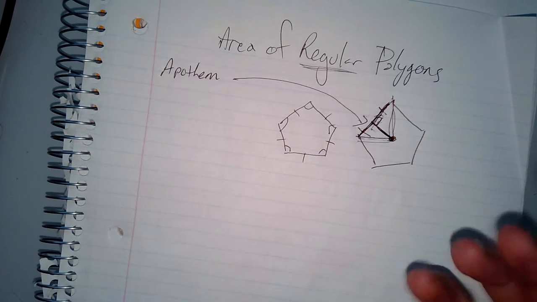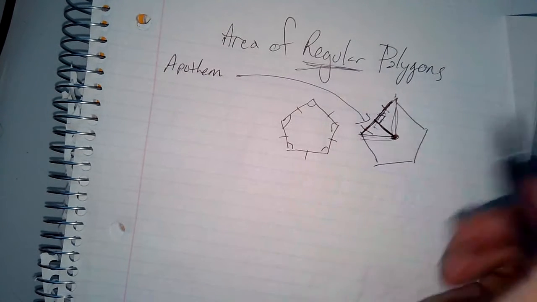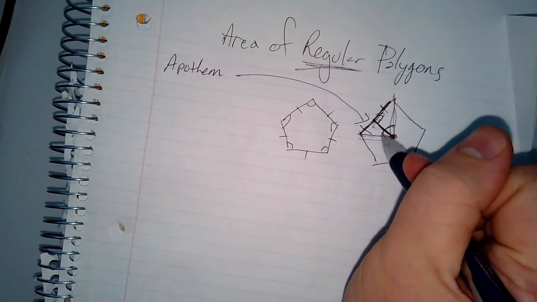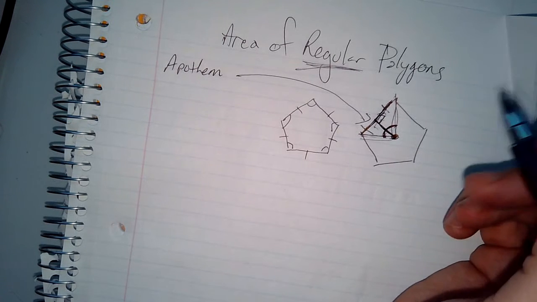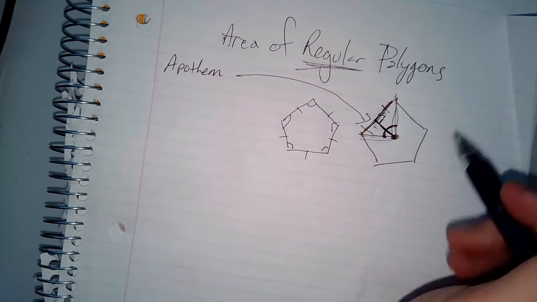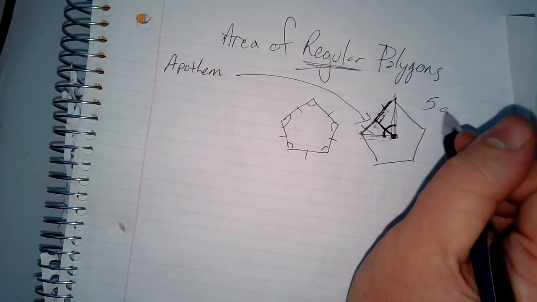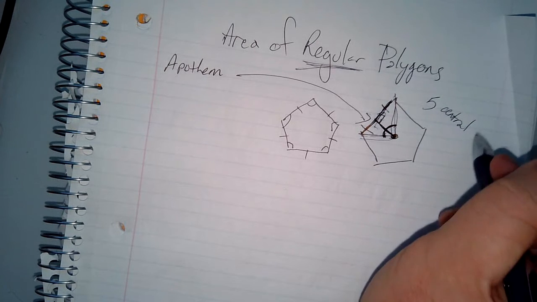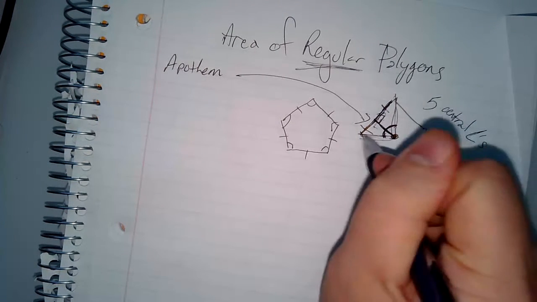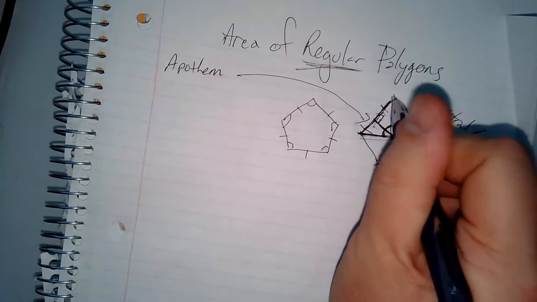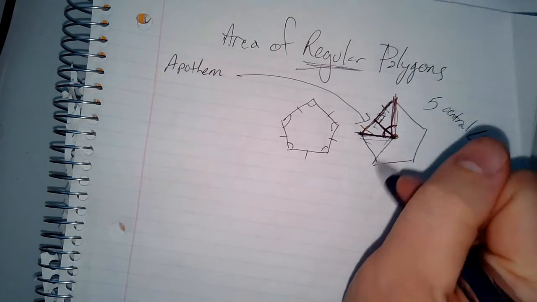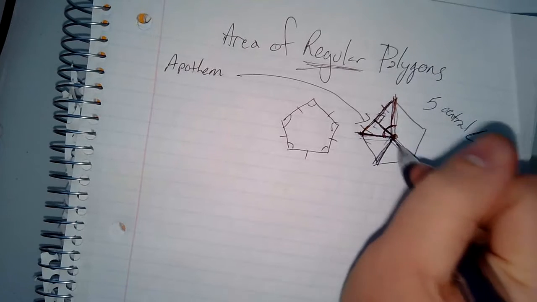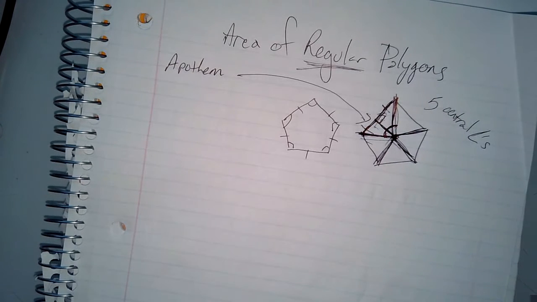Now, with all regular polygons, we can find out this central angle, right? Regular polygon, for this one, it is a pentagon, so it has 5 central angles. And central angles bisect each vertex.